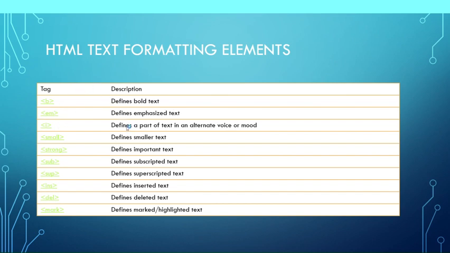I defines the part of text in an alternate voice or mood. Small defines smaller text. Strong defines important text. Sub defines subscripted text. Sup defines superscripted text. Ins, inserted text. Del, deleted text. And mark, marked or highlighted text. So this is very simple.